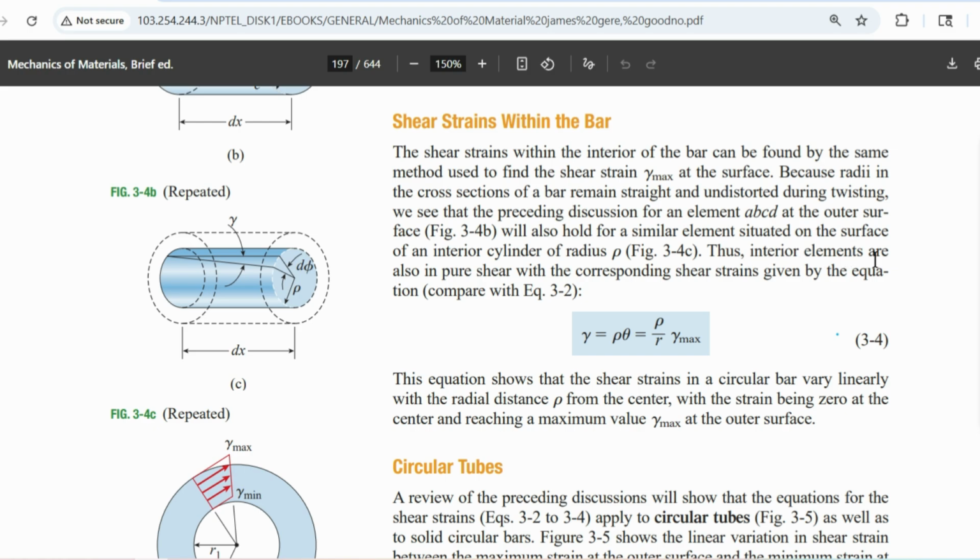Thus, interior elements are also in pure shear. So just know that rho varies as you go from a tiny cylinder to the outer cylinder. You know what I mean?